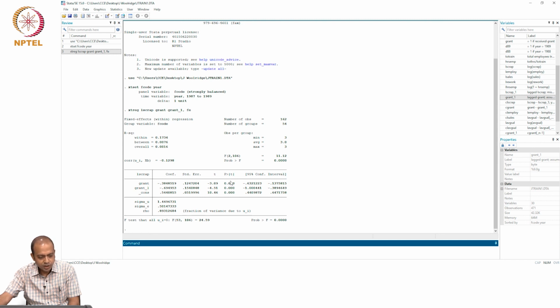The first grant is significant, both are significant at the 1% level. So, we can say that job training has some impact on the laborer's performance. Is that fine?